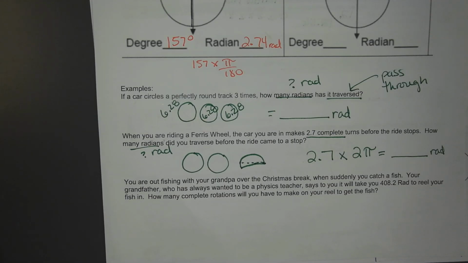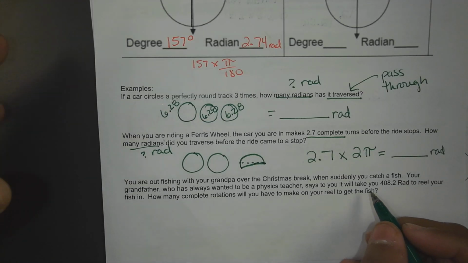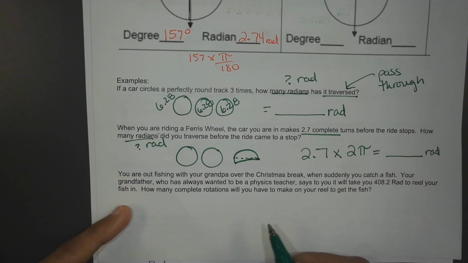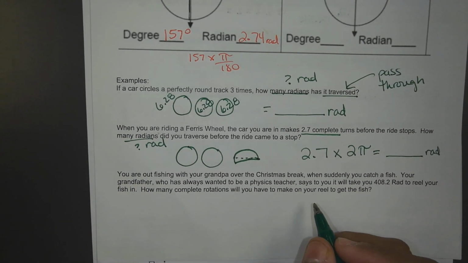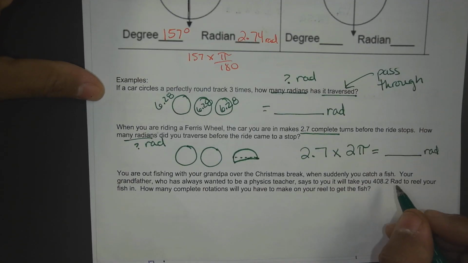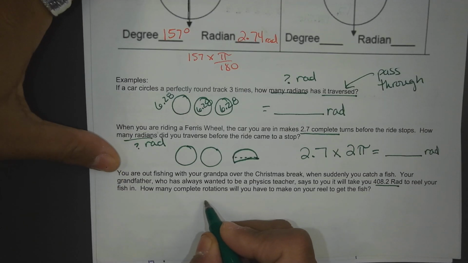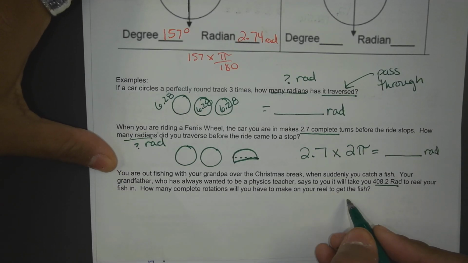Let's do this again. And then I promise I'll stop talking. You are out fishing with your grandpa over the Christmas break. Oh goodness, I know you can't wait for your Christmas break. When suddenly you catch a fish. Now your grandfather, who always wanted to be a physics teacher, says to you, if it's going to take 408.2 rads to reel in that fish, how many complete rotations did you make?